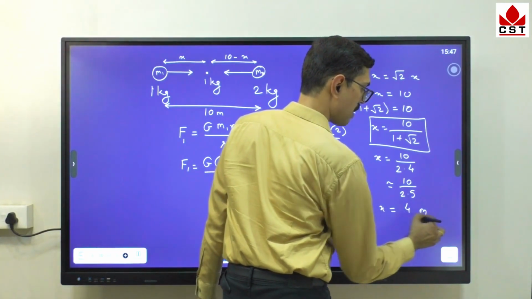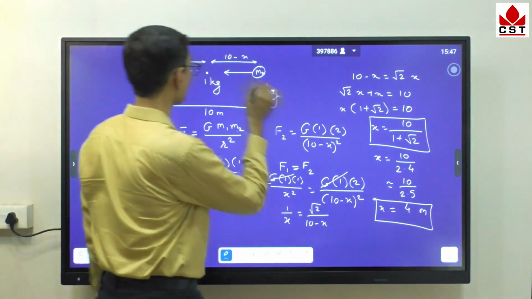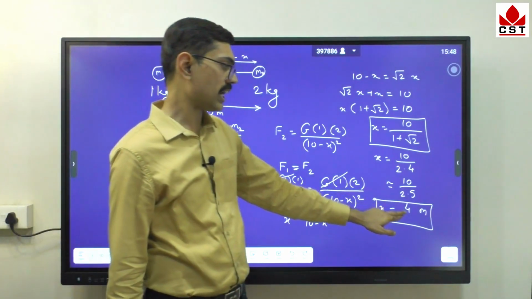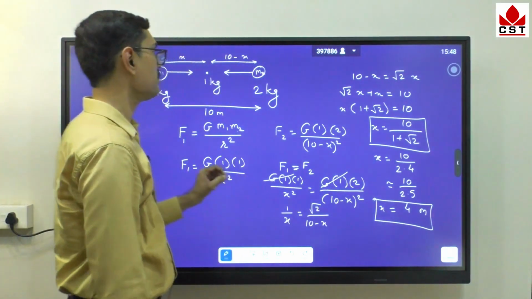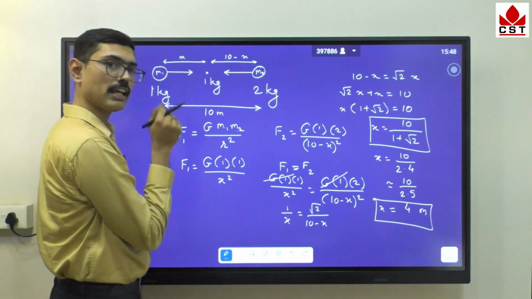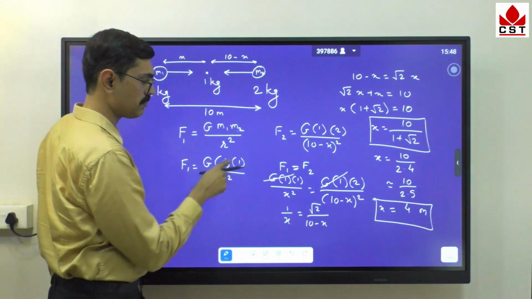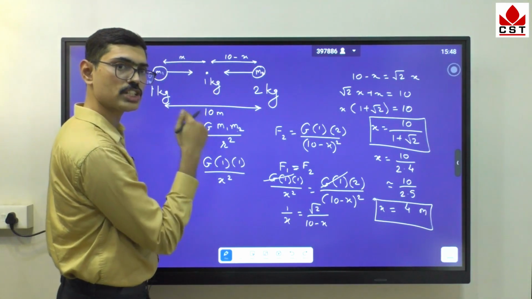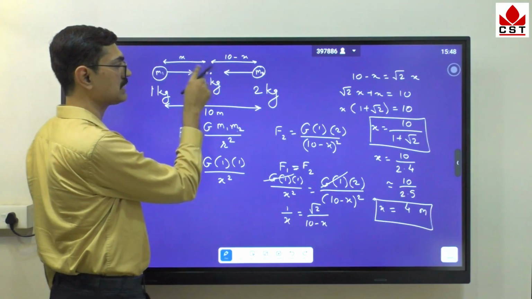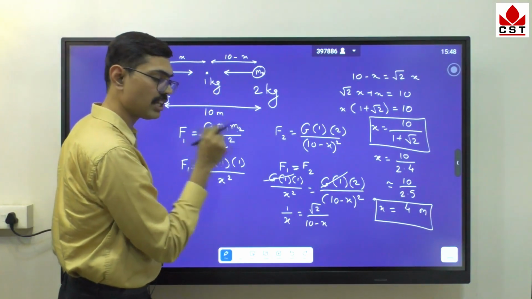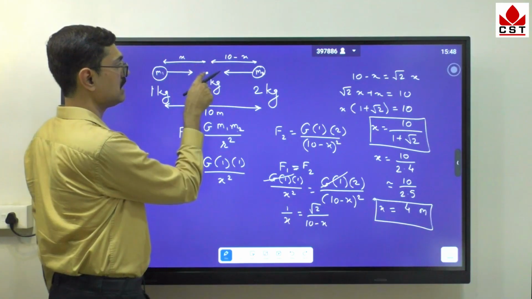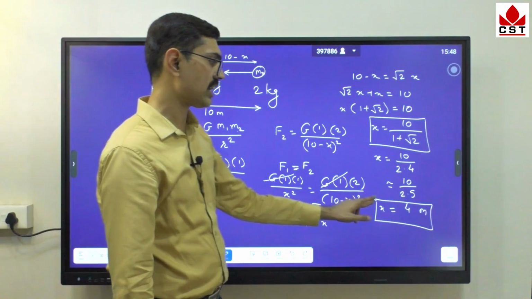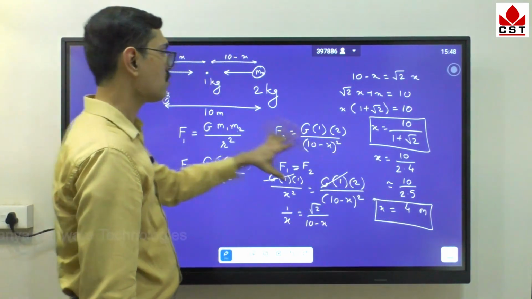So x is about 4 meter from the first mass, because x is the distance from the first mass. Any point object like 1 kg, because the 1 kg gets cancelled from both sides, any mass, 1 kg, 2 kg or any kg, placed there experiences the same equal and opposite force. Means that point is in equilibrium. So we are getting gravitational equilibrium at x equal to 4 meter for this numerical.